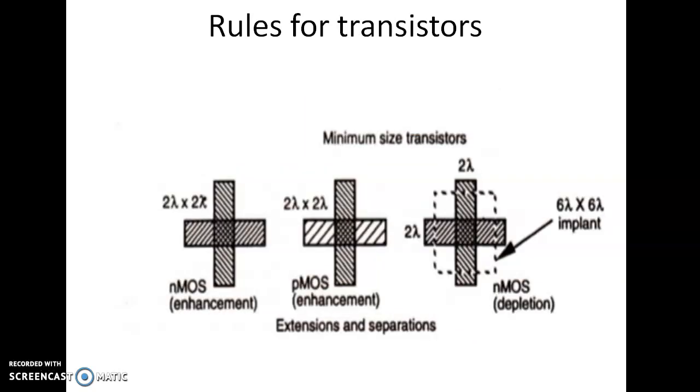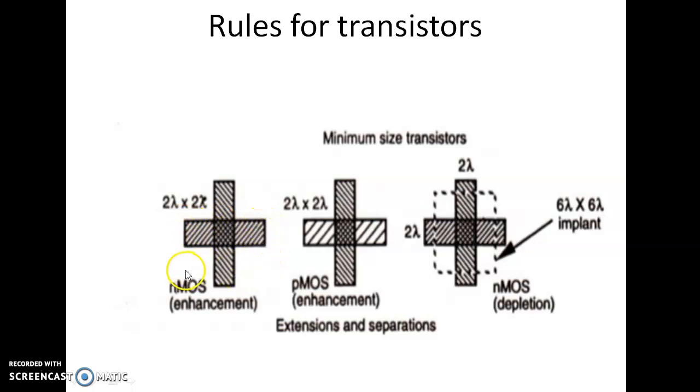Rules for forming the transistors. While drawing the stick diagrams, we discussed that a cross indicates a transistor. Whenever polysilicon and diffusion cross each other, it forms a transistor. So here also the concept is the same, except the basic difference is the dimensions.